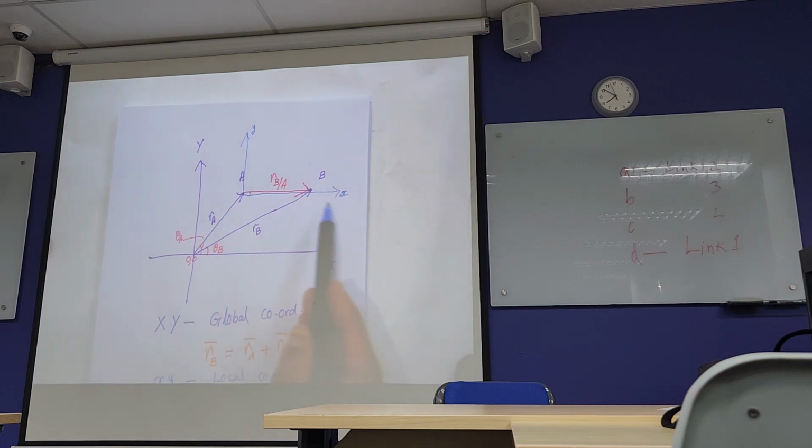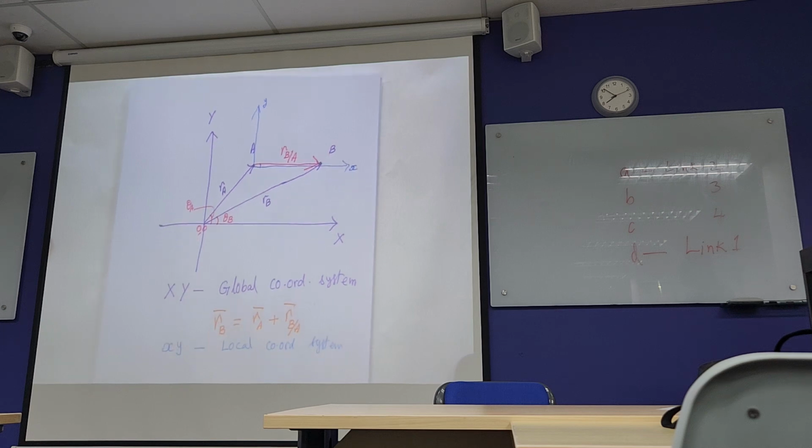You can draw the local coordinate axis for any point. Global coordinate axis is fixed. Always we'll be talking about capital X and Y, the global coordinate system. Small x and y is the local coordinate system.